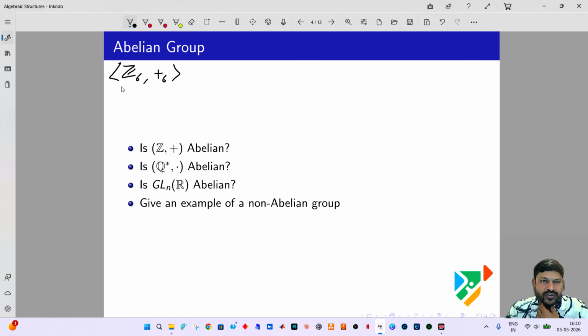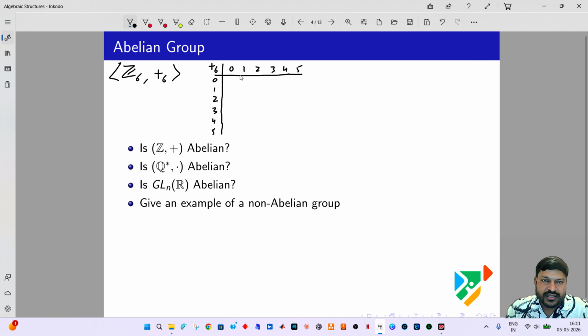Whenever you have a finite group, it is always better to use a Cayley table, as it is going to answer so many questions simultaneously. So the Cayley table for this Z6 will be plus 6, then 0, 1, 2, 3, 4, 5. The elements belonging to Z6 are 0 to 5. So you write them in the same order in the rows and columns as well.